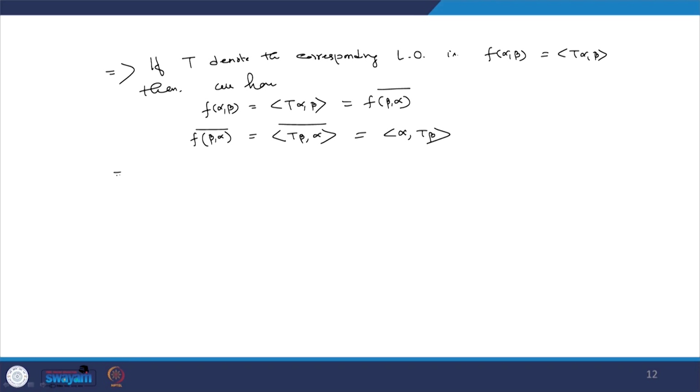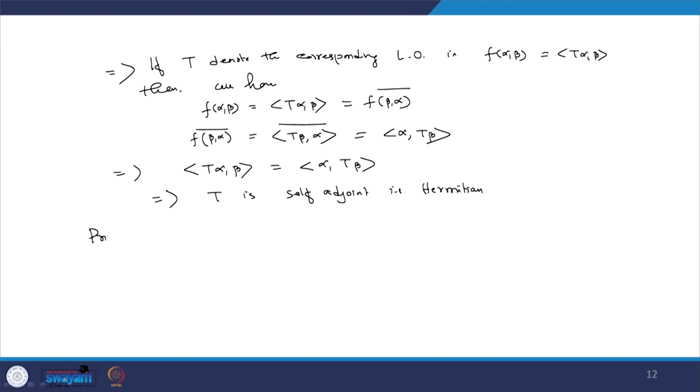So, this implies that inner product of T alpha beta equals inner product of alpha T beta, implies T is self adjoint, that is Hermitian. So, if the form is Hermitian, then the associated operator is also Hermitian.